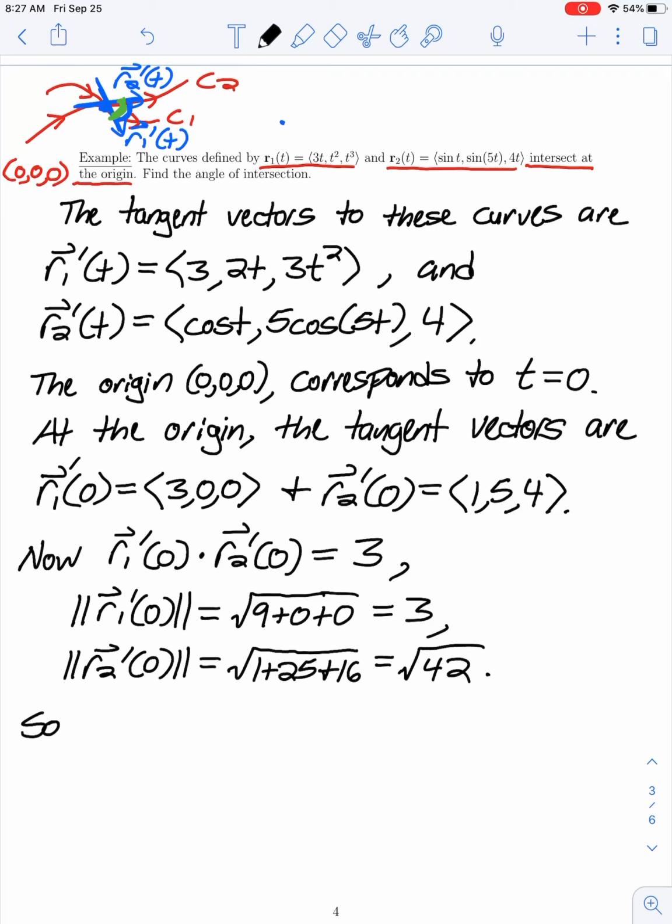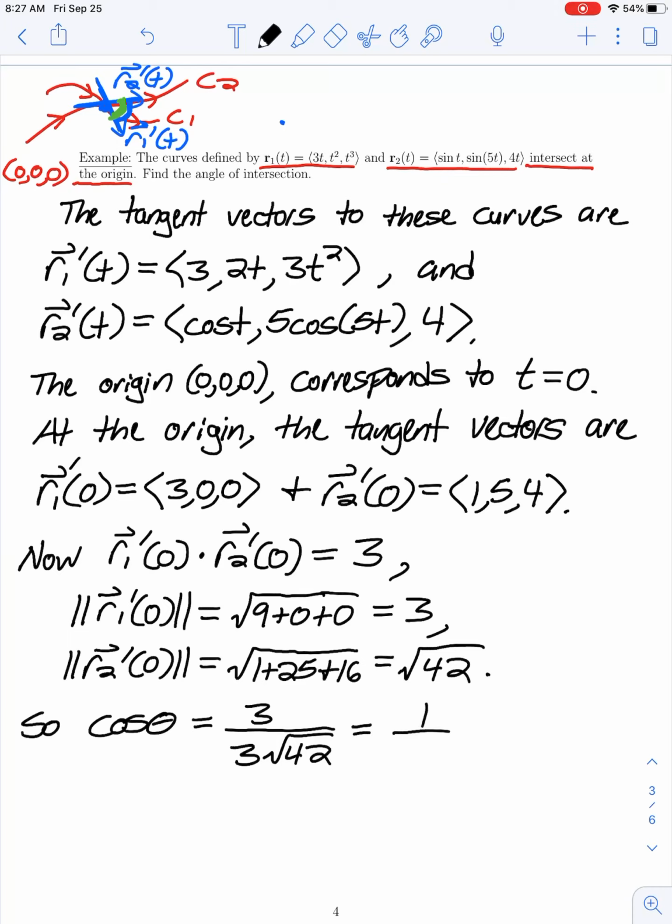So if theta is the angle of intersection of these two vectors, then cosine of theta would be given by the ratio of our dot product, which we found to be 3, divided by the product of the magnitudes of these vectors, which were 3 and root 42.